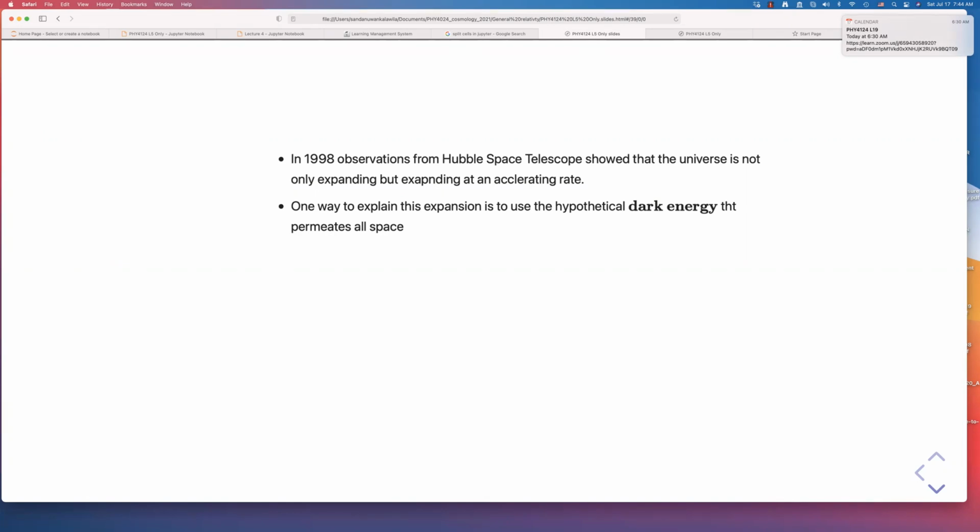Now students get confused with these two terms. You need to make sure that there are two different meanings for these two terms. Dark matter is something responsible for attractive forces, because dark matter is normally found in galaxies and galaxy clusters, especially in the galaxy rotation curves. If you remember, we talked about dark matter, the mysterious matter that you cannot see.